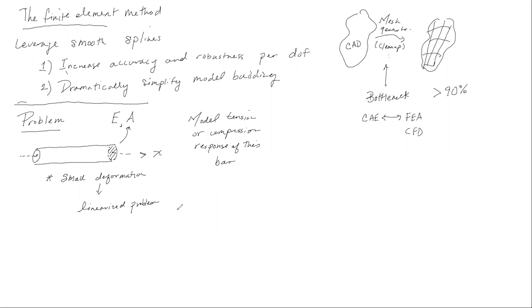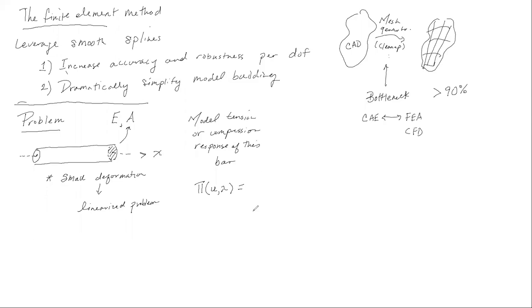Now, let's begin our modeling by writing down the strain energy of this object. So the strain energy, let's call it pi, is going to be a function of the displacement u and something we're going to call a Lagrange multiplier.